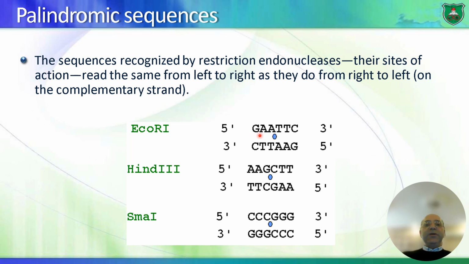So here we have GAATTC, and you read it the same exact way from the other complementary strand, GAATTC. Now this is the restriction site of EcoR1. HindIII, SmaI also recognize palindromic sequences as well. Okay, this is what I did not tell you before.